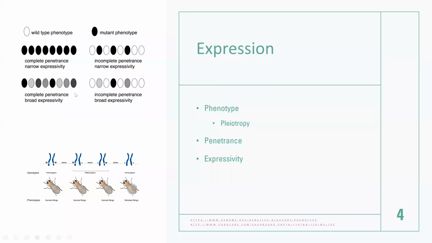And we can compare that to the bottom left one, where we see complete penetrance, where everyone exhibits the black mutant gene. However, they do it to different levels of black or gray, because there's varying or broad expressivity. Any questions so far?